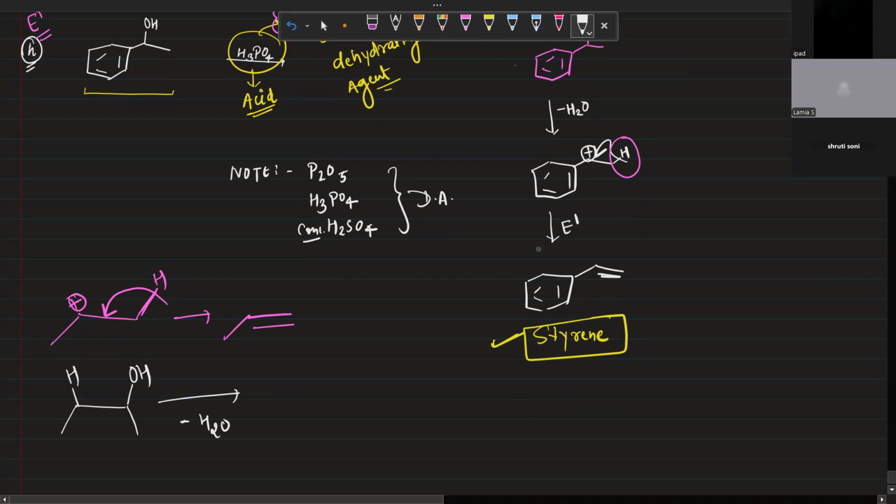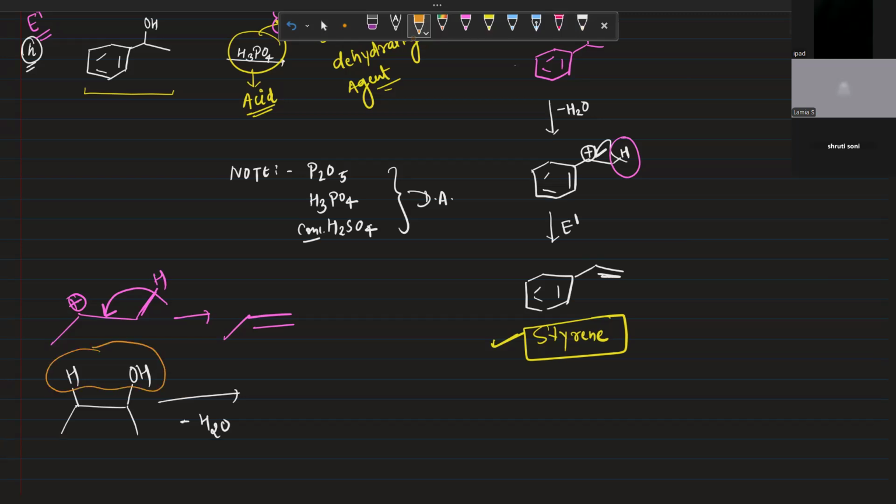This OH and this hydrogen will be eliminated like this, and a double bond comes. This is an elimination reaction. Whenever a single bond converts into a double bond, or a double bond converts into a triple bond, elimination reaction proceeds.